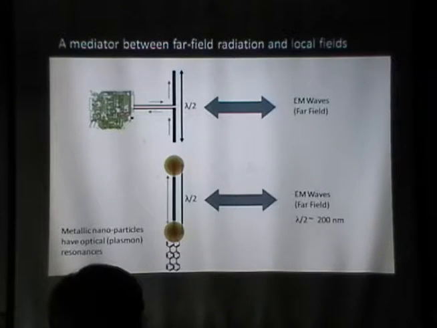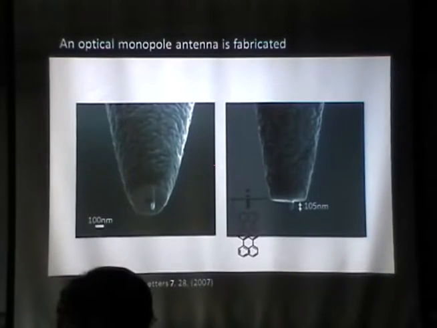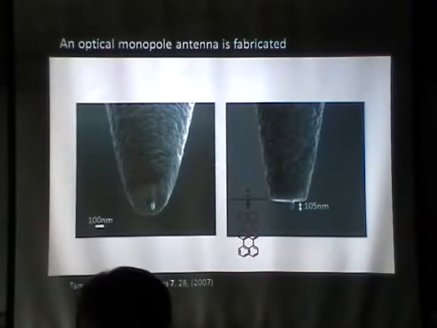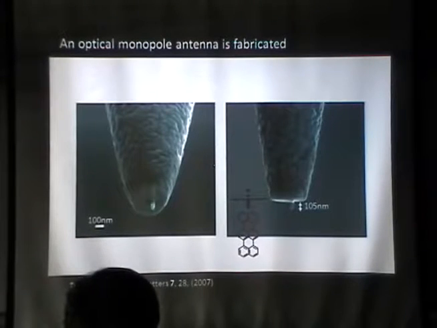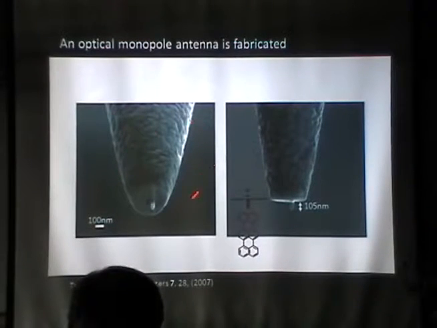Nice, but experimentally it's not so easy to do that. So the way we did it was by means of a scanning probe microscope. So we used these tips. These tips are made of glass optical fiber that we pulled until it breaks in a very, very sharp tip. Then we evaporate aluminum all around.